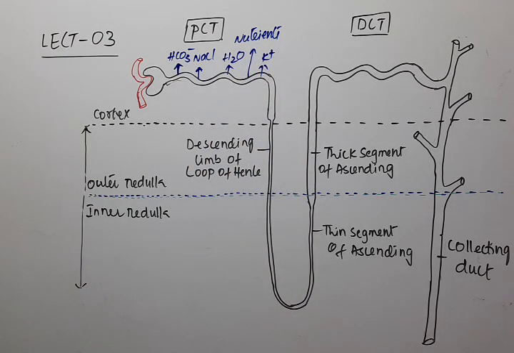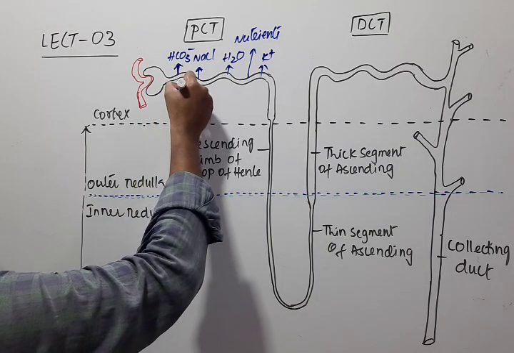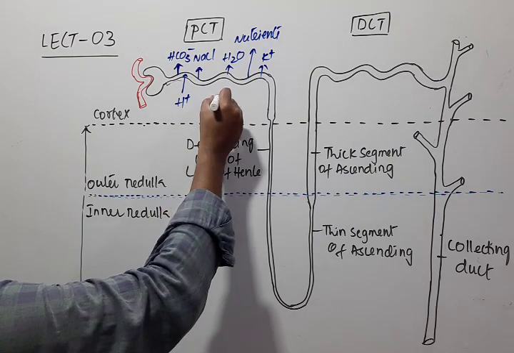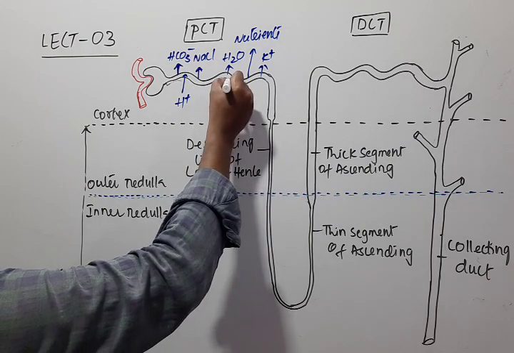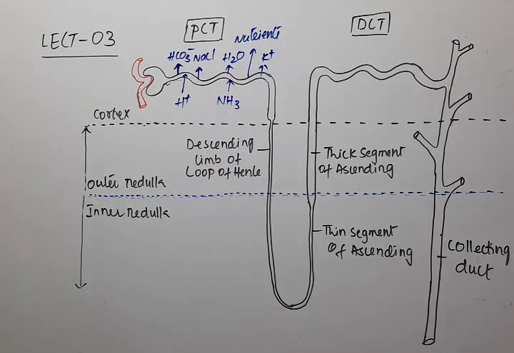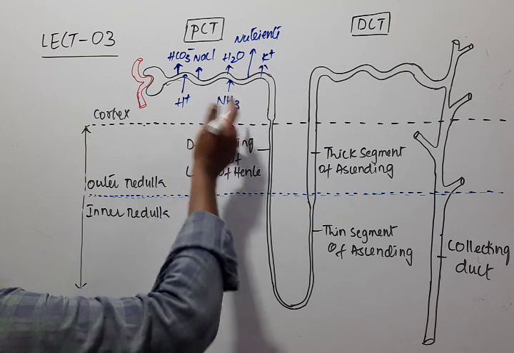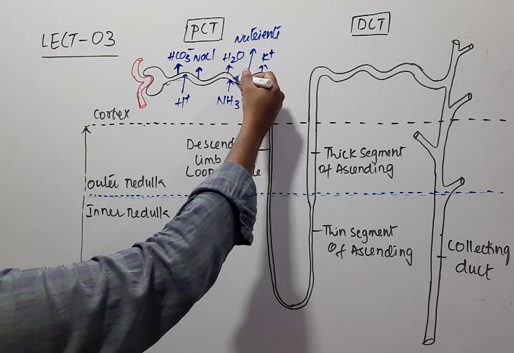Now what passes into the PCT? Hydrogen ions from the interstitial fluid enter into the PCT. Then also ammonia from the interstitial fluid enters into the PCT. So this is the release of substances into the PCT, and these are all the substances that came out from the PCT, right?